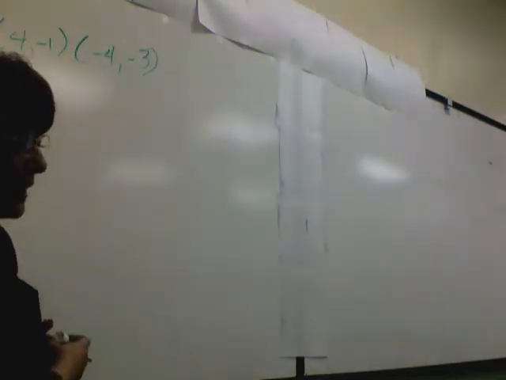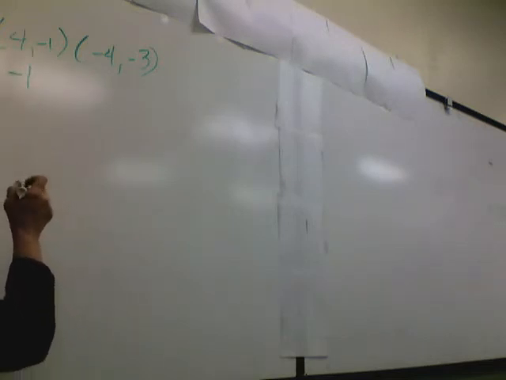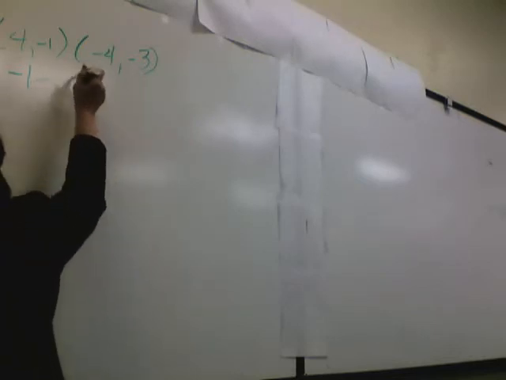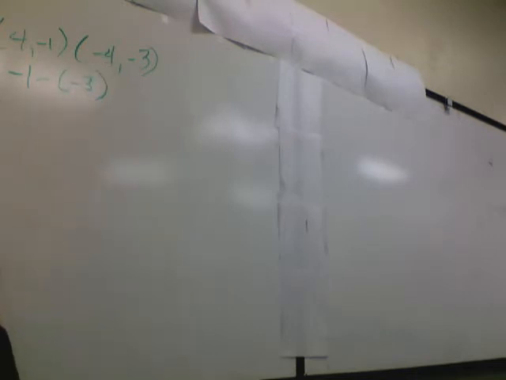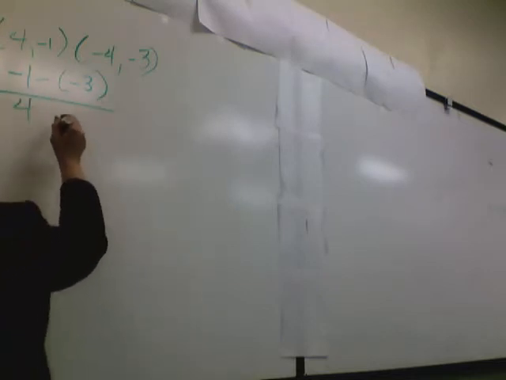So the change in y's, what are we going to put on top? Negative 1. We're going to subtract, right, minus negative 3. And what's the x's? 4 minus negative 4. Okay.